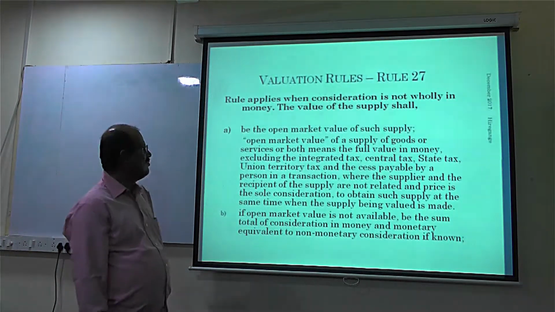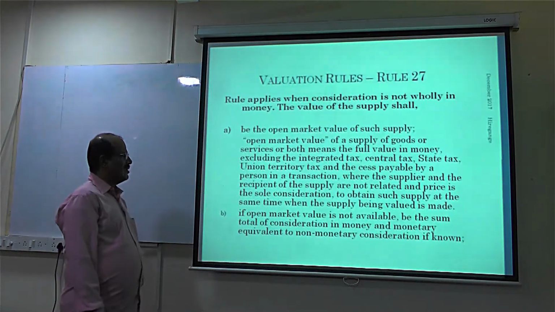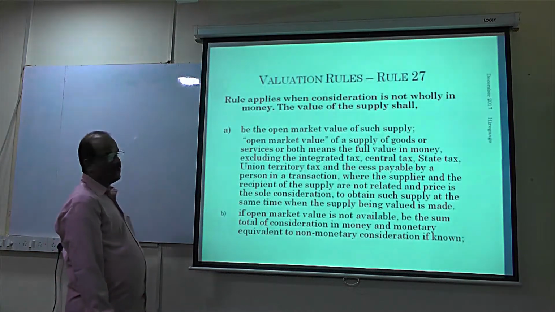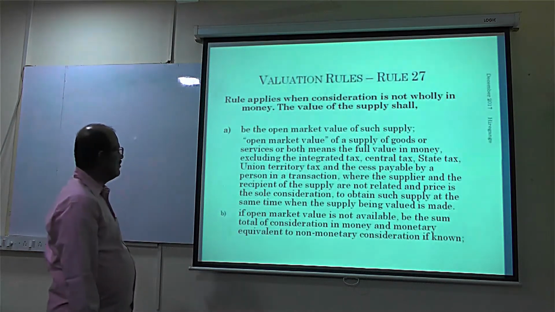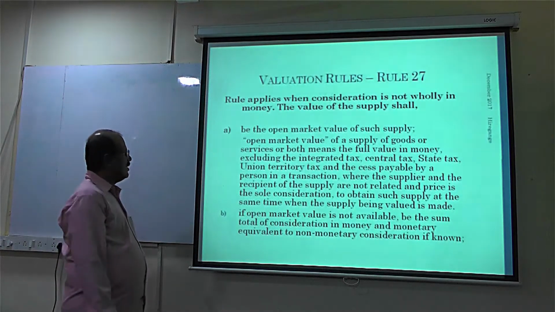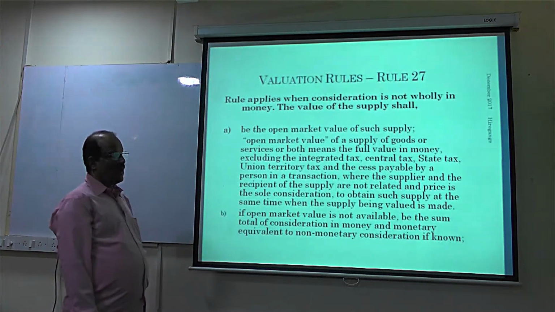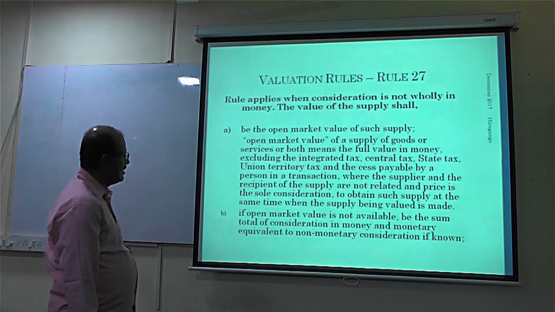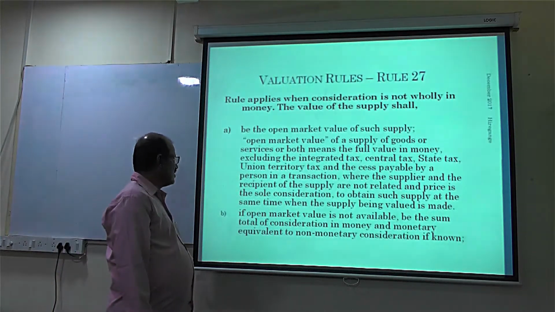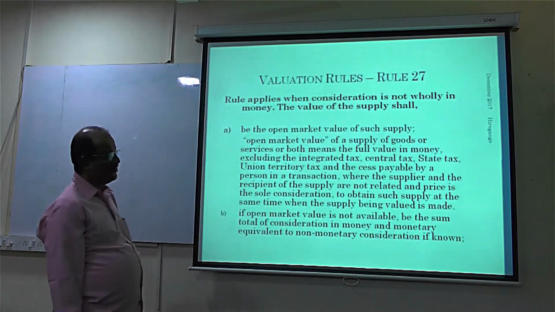First provision is that the value will be open market value. In fact, a detailed explanation of open market value is given, and it can be seen that open market value means the full value in money of a supply, excluding the taxes, where the supplier and recipient of the supply are not related and price is the sole consideration.